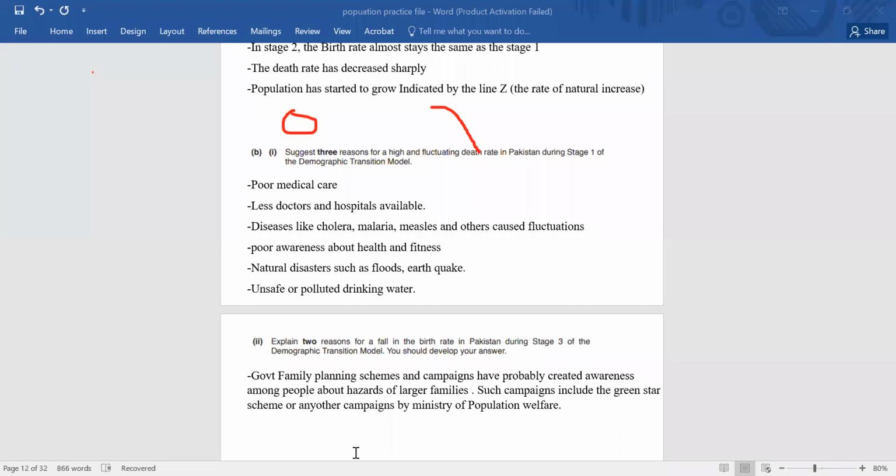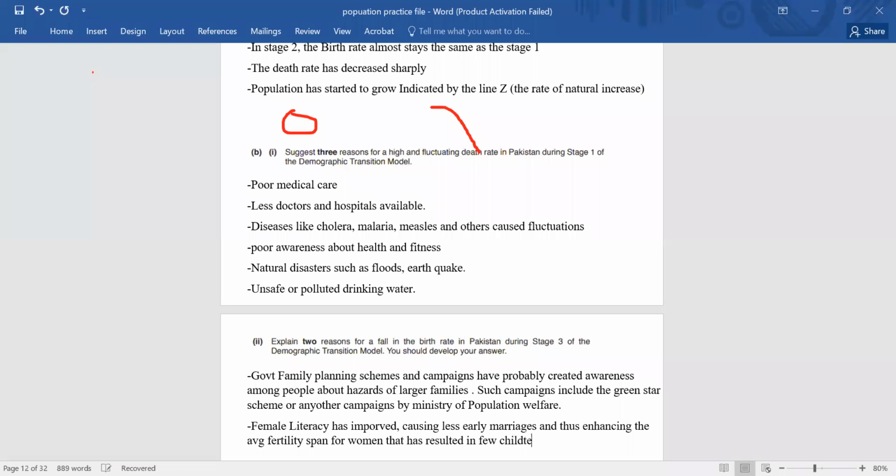The other point could be that literacy has improved, causing fewer early marriages and thus reducing the average fertility span of women, that has resulted in fewer children and thus the birth rate has reduced.